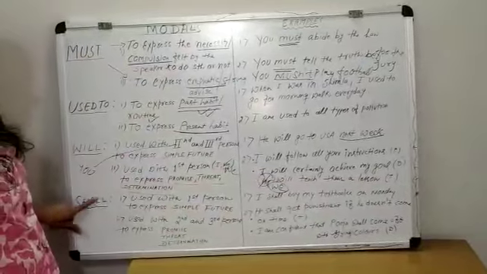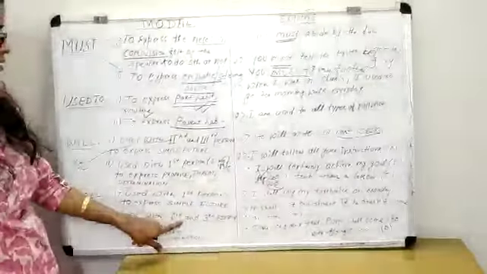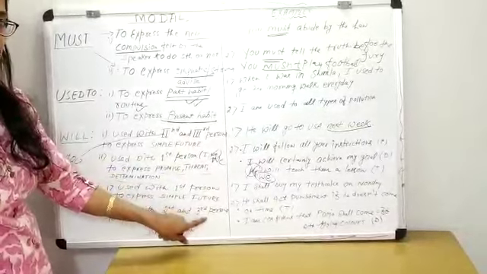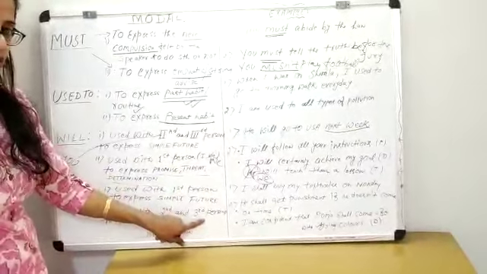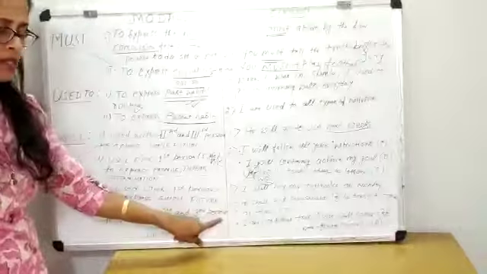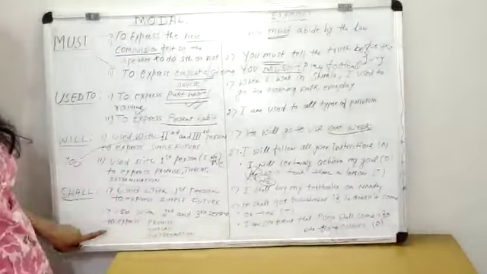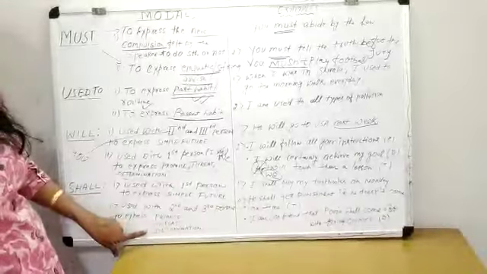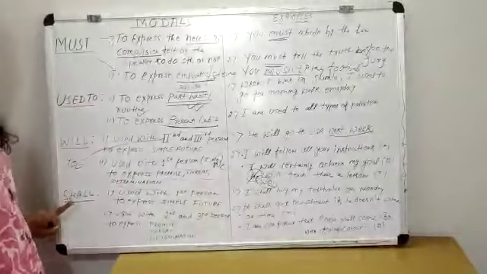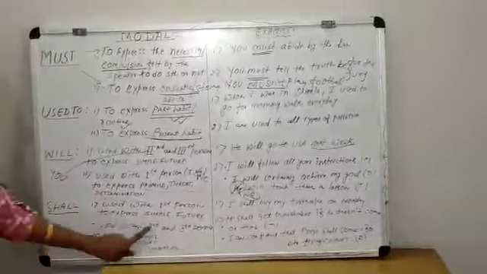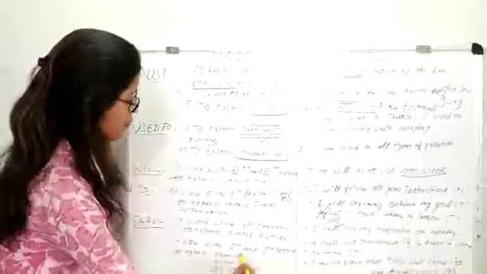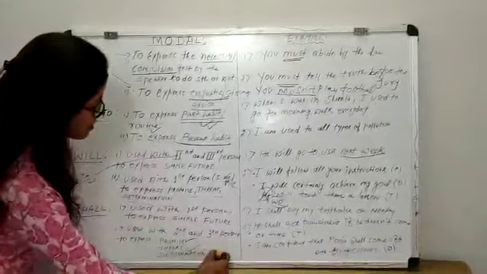Now, shall is also used with second and third person. Second person is you, and third person is he, she, it, singular, and they, plural. It is used to express again the same promise, threat, and determination. So remember one thing: when you are using shall with second and third person, it will always show promise, threat, or determination.